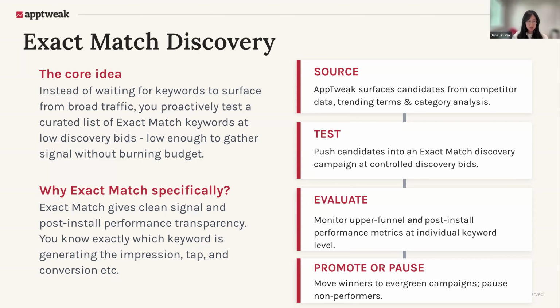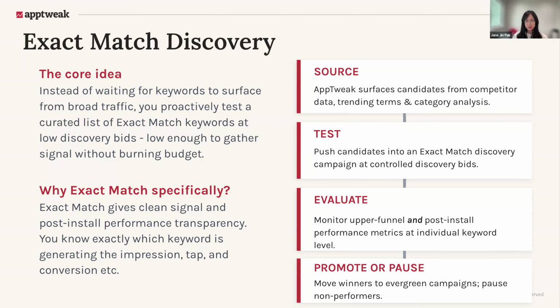Because that is going to take a lot of time. And why I want to specifically talk about exact match is that when we test search match or broad match and we're identifying new search terms, we can't really see post-install metrics for those search terms. But exact match discovery is going to allow you to do that, because we're testing it as exact match, which means you get to see post-install performance metrics.